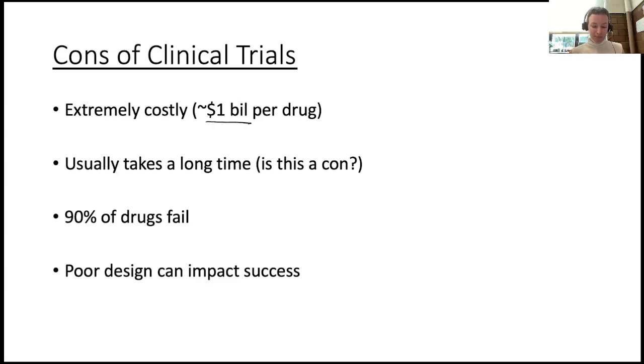But sadly, a fact is that some clinical trials fail because they weren't designed appropriately. If the right controls aren't set in place, if the hypothesis isn't developed in a way that is specific enough or rigorous enough, a clinical trial can fail, just due to its design, not necessarily because the drug doesn't work.